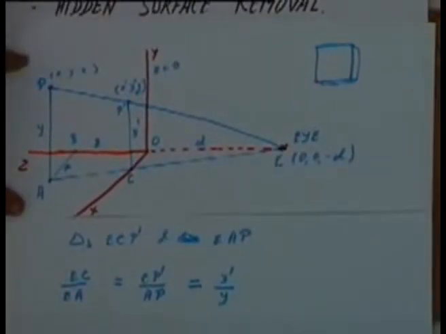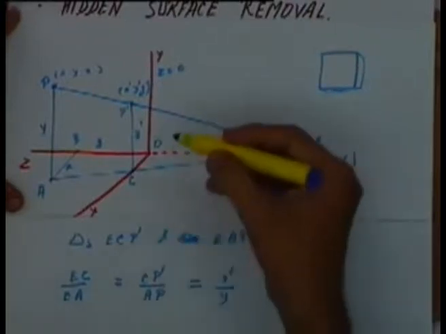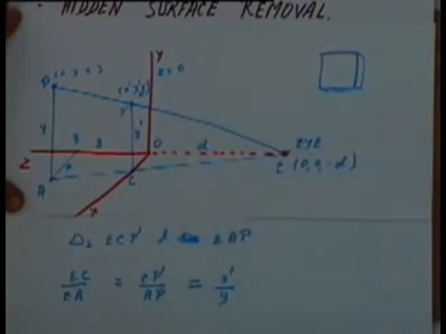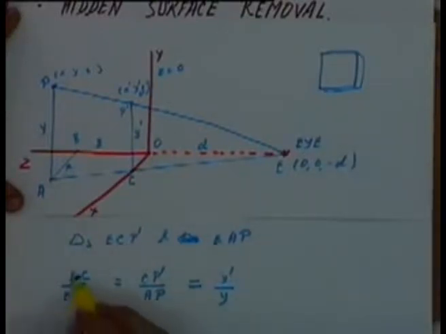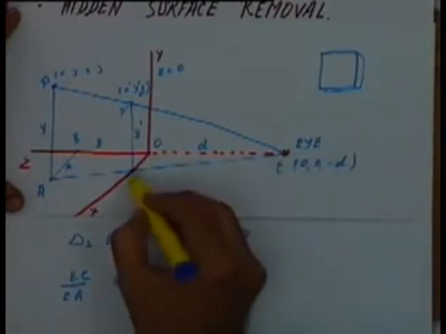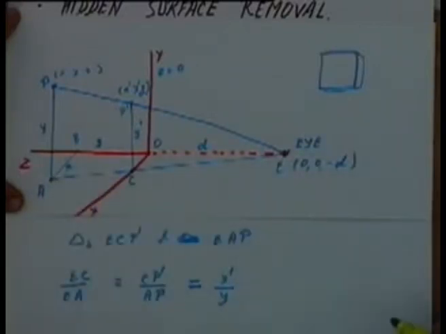I can put both of them together. Can you see it clearly, both the figure and the text? So EC by EA, that is this distance divided by this distance, would be equal to y prime divided by y.